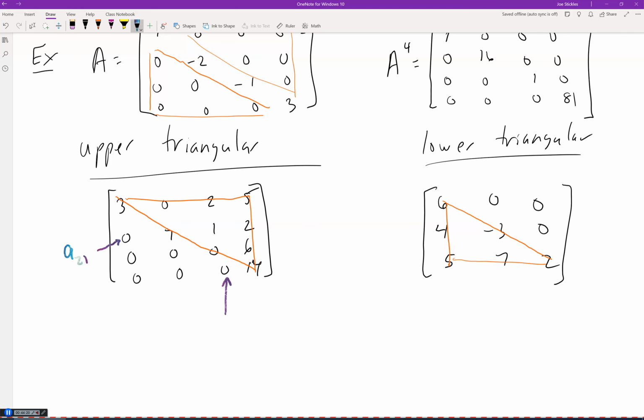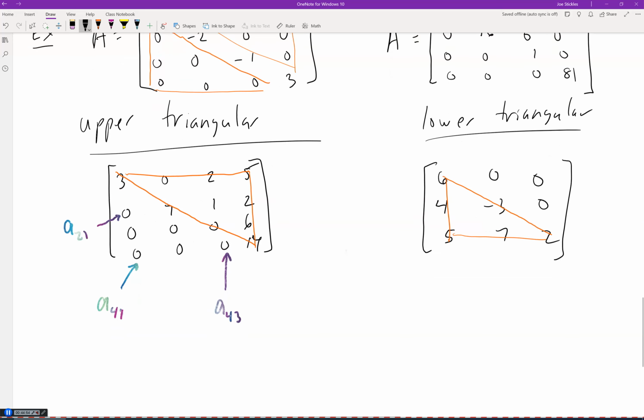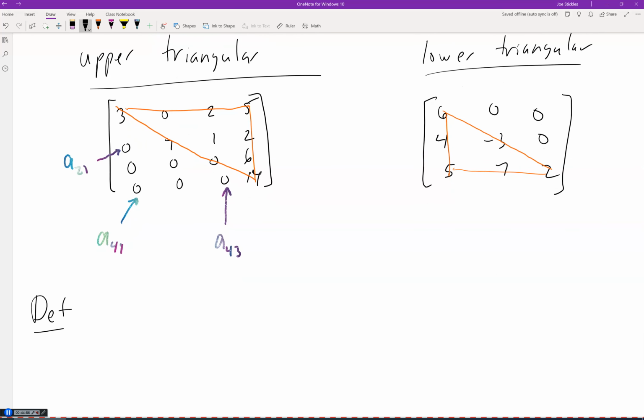This one would be, I think I'm down in the fourth row, right? 4, 3, yeah. Or this one would be 4, 1. Are we noticing any pattern between the subscripts for anything that's down here in this lower triangle? Okay, so yeah, the first subscript is bigger than the second one, right?